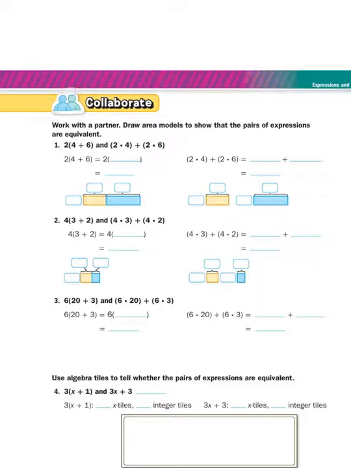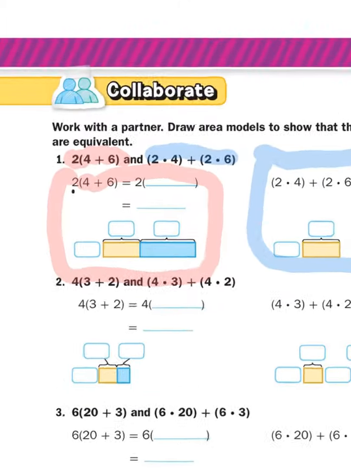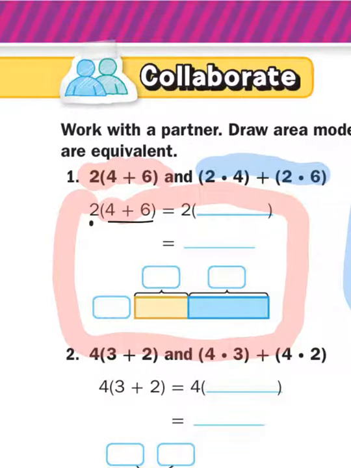So we're going to start with, let's say, this expression here. And that's going to be this side. Then we'll do this expression here, and that's going to be this side. So stick with me. In this, it says, when we have 2 times 4 plus 6, we can add the 4 and the 6 together to get 10.